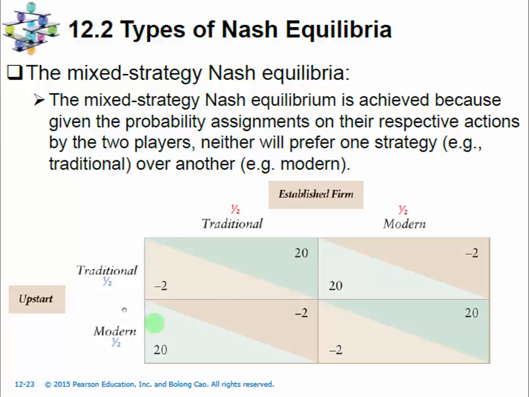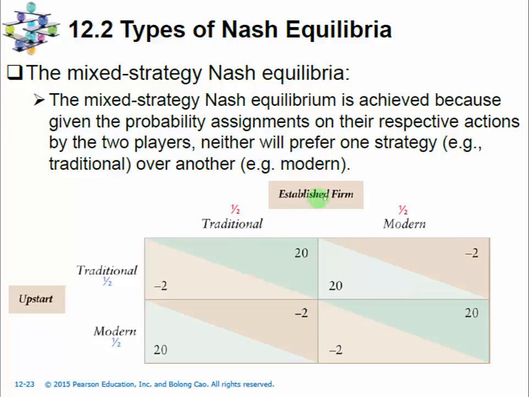So when the upstart puts a 3/4 probability in playing the modern style strategy, the established firm looks at an expected payoff from playing modern of 14.5, and the traditional is 3.5.